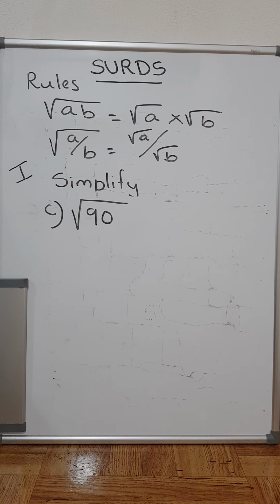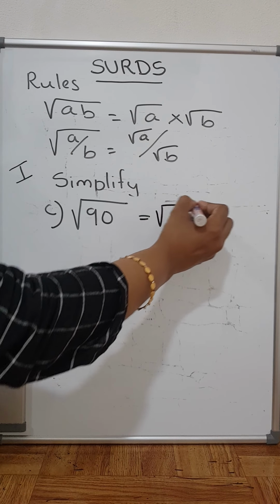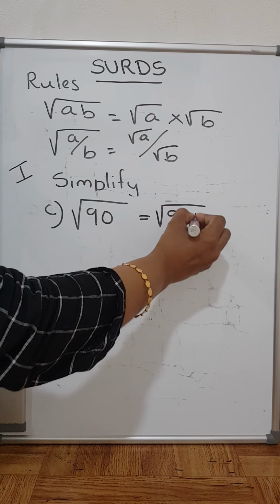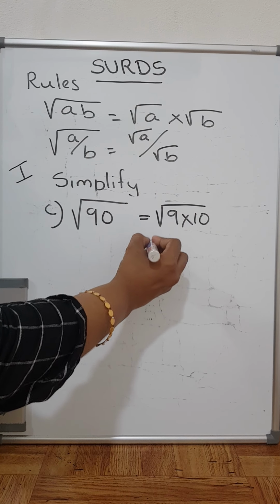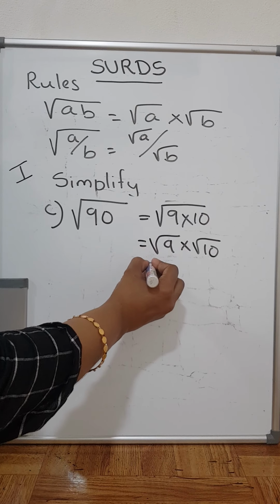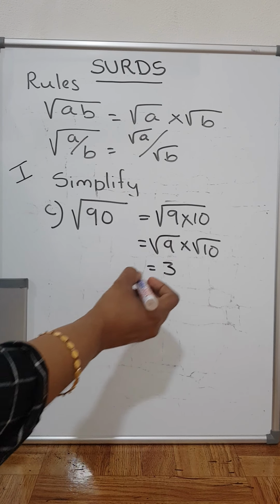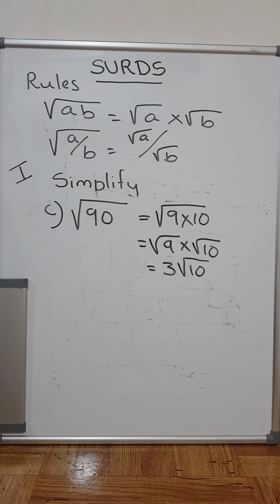See, we have to make a factor of 90, that's a perfect square. We know that 9 is a perfect square, so you can write it as 9 times 10. So according to the first rule, we can write it as square root of 9 times square root of 10. So this is square root of 9 is 3. Root 10 is not a perfect square, so 3 root 10.